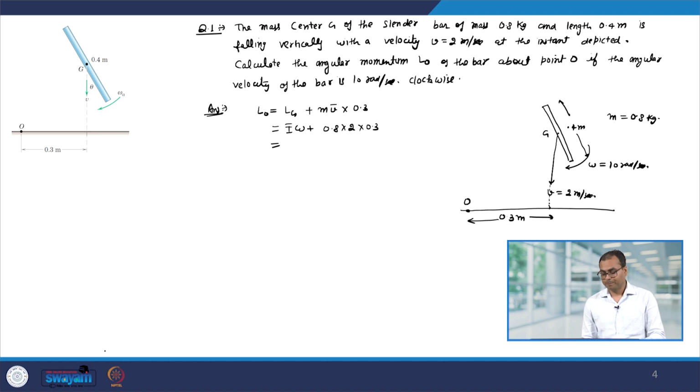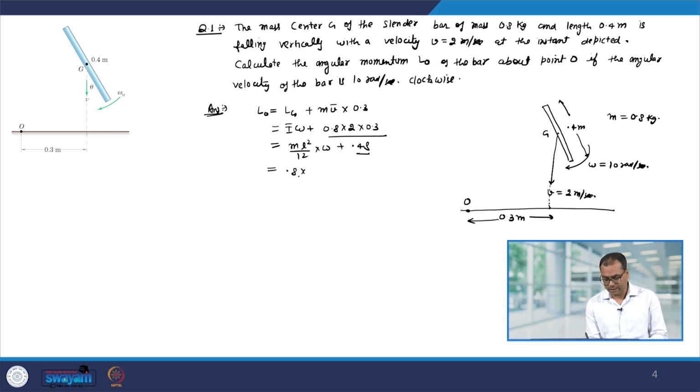Now, I bar is the moment of inertia of the rod about its center of mass, and we know that it is m L square divided by 12 into omega plus 0.48. So, let us put the value.